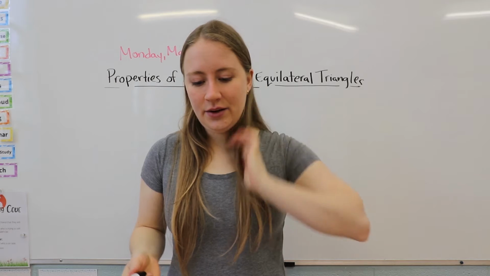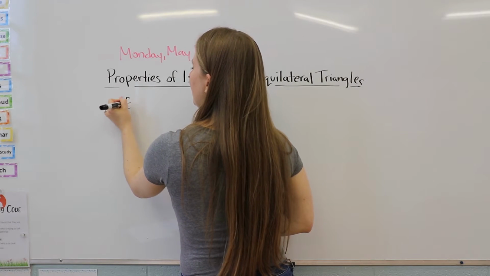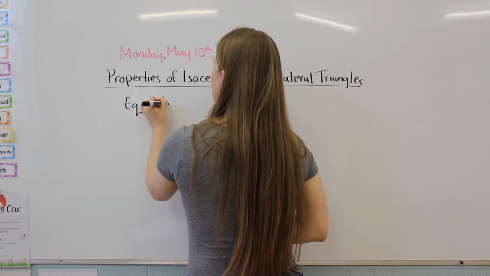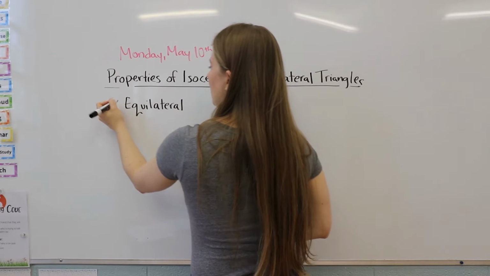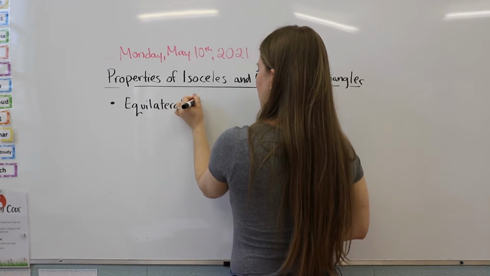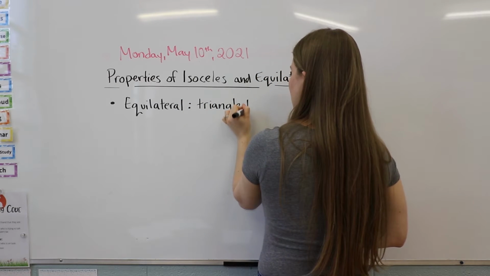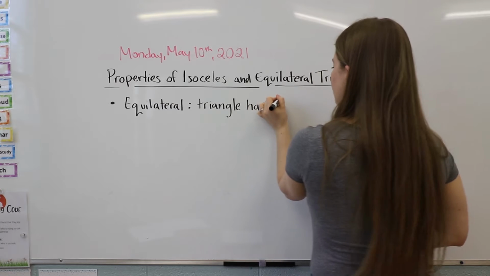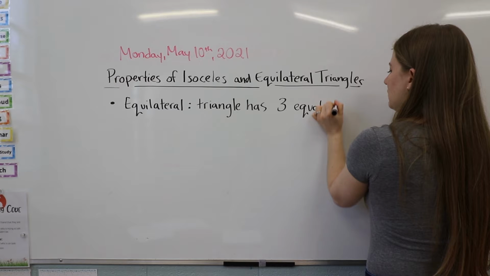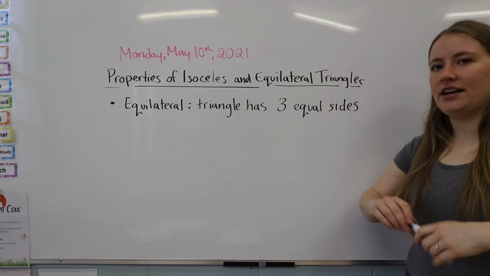So, an equilateral triangle is a triangle that has three equal sides. Okay, so please write this down in your notebook.